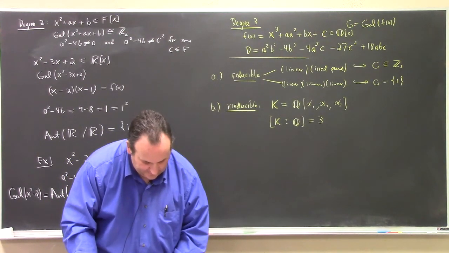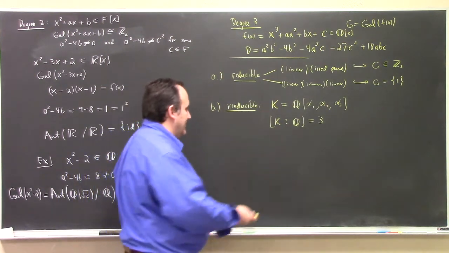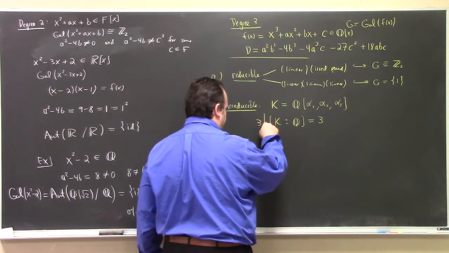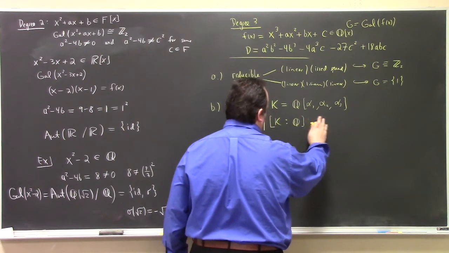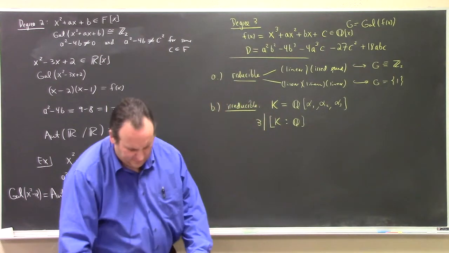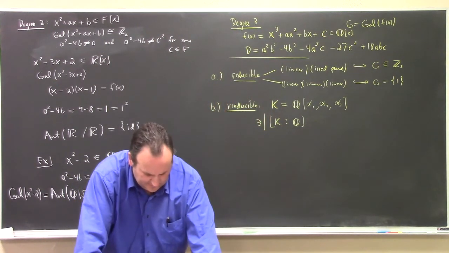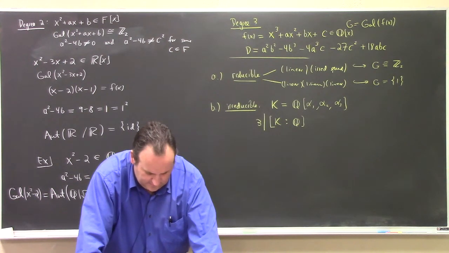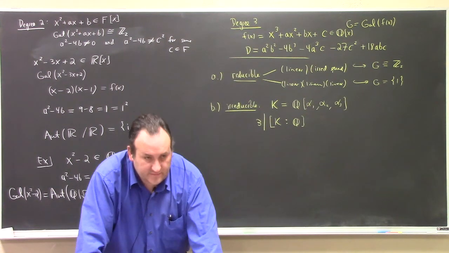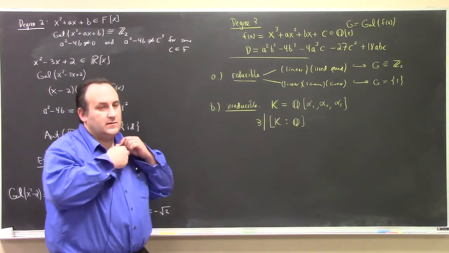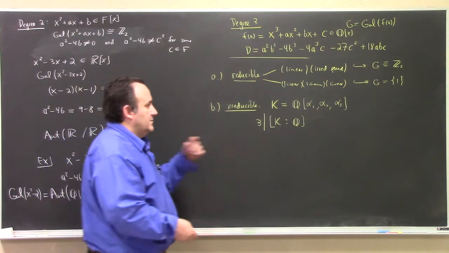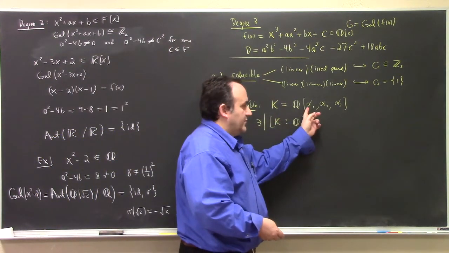Well, I can't say that. It's divisible by 3. I think I could say it's equal to 3. Why can't I say it's equal to 3? Oh, it's divisible by 3 because any one of these things is a degree 3 element.